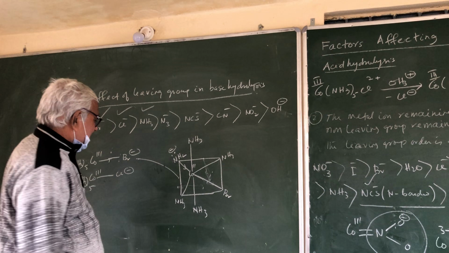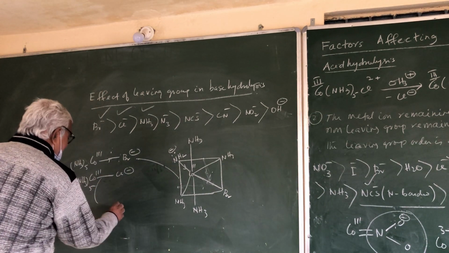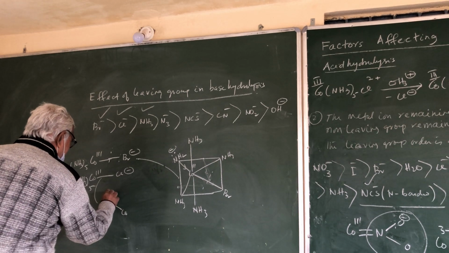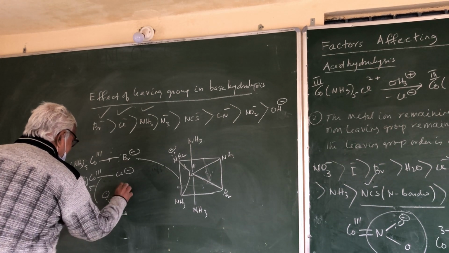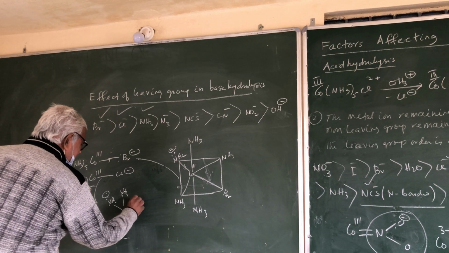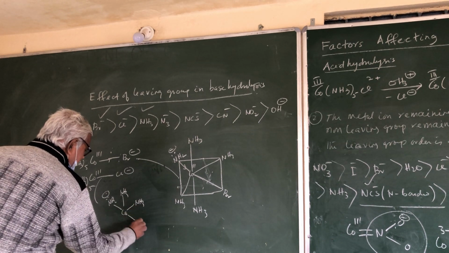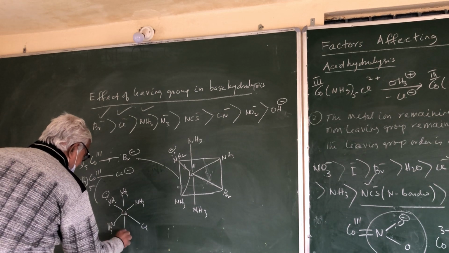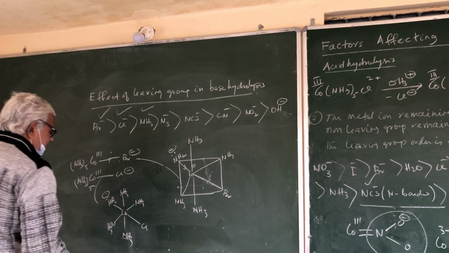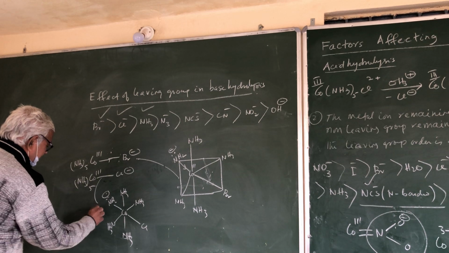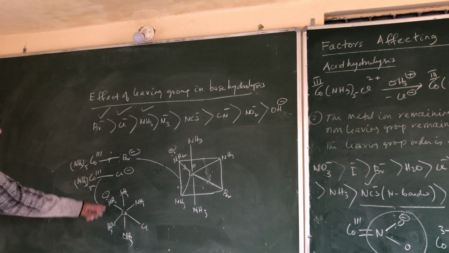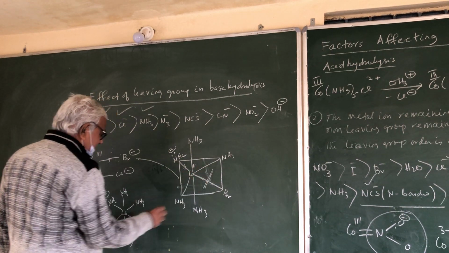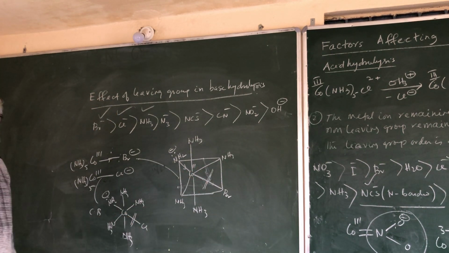So if you look at this structure and this structure, this is the conjugate base from the chloro complex. This is the conjugate base from the bromo complex. So this bond breaking will be easier, this bond breaking will be slightly more difficult.